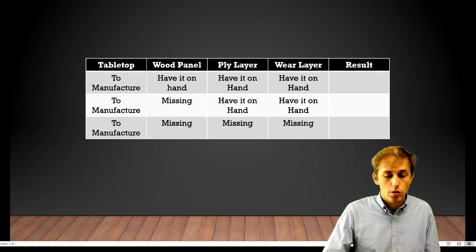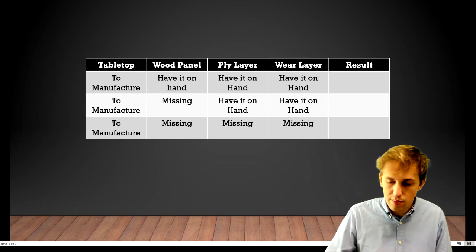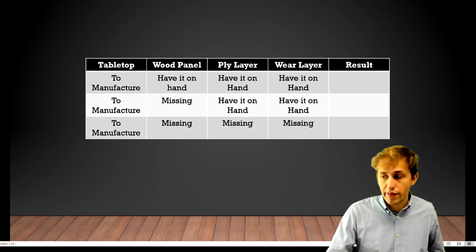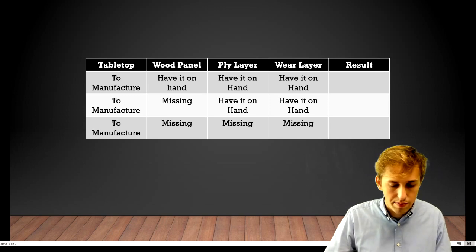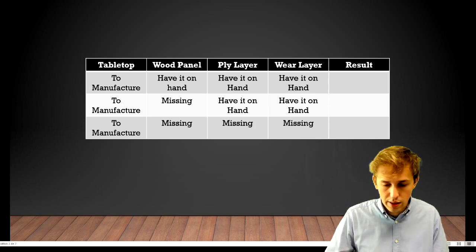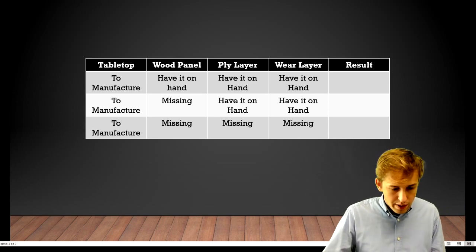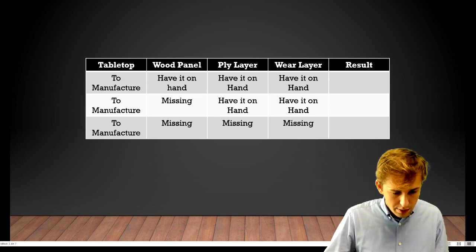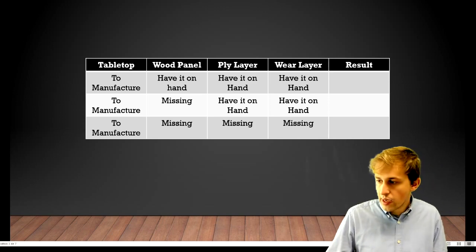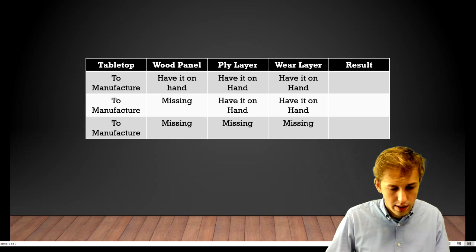But now let's take a look into the last situation, the most complex one, where we don't have nothing on hand. So we don't have the ply layer. We don't have the ply layer, so we have 0 on hand here. And we don't have the wear layer also.